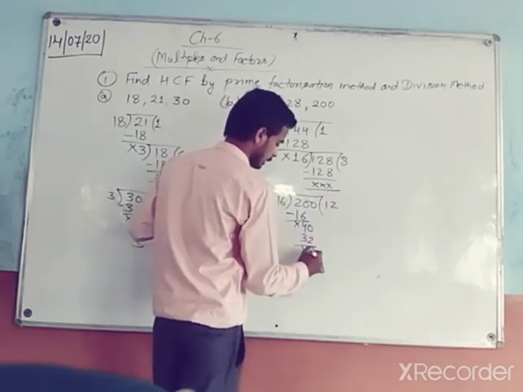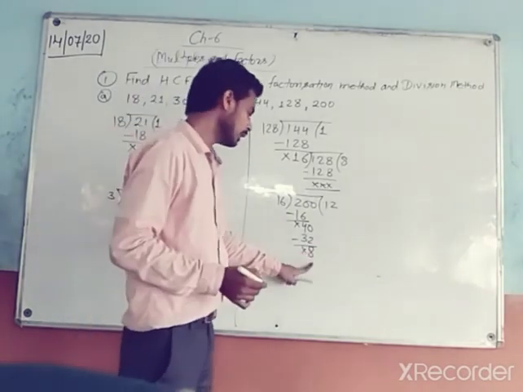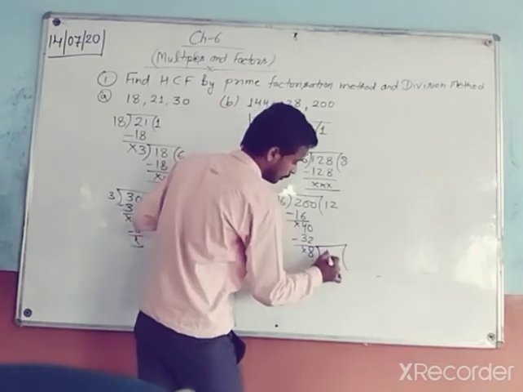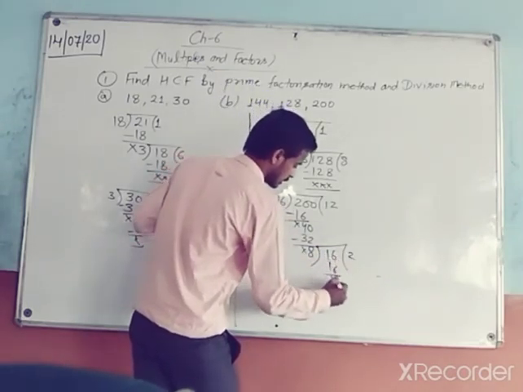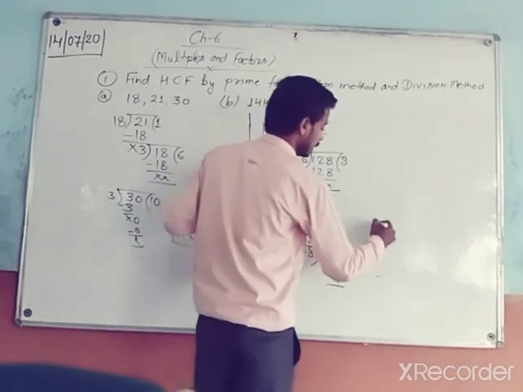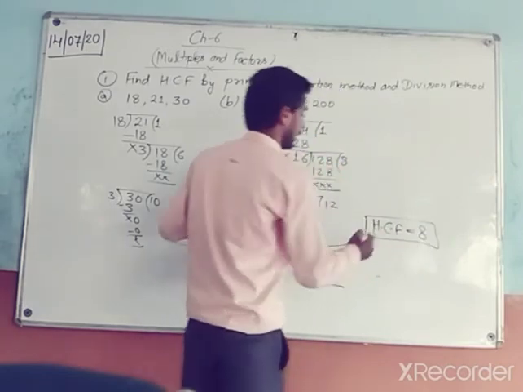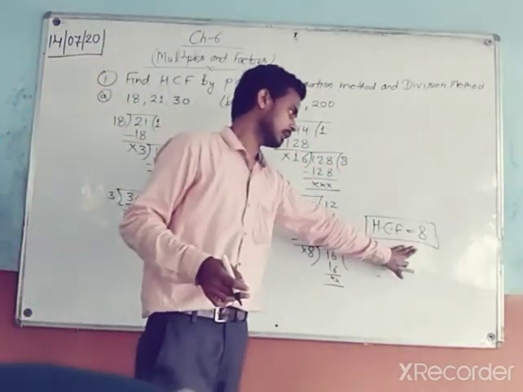Now we have 8, and you know the remainder becomes divisor for the previous divisor, that is 16. 8 2s are 16. So the SCF is same as the prime factorization method, that is 8.